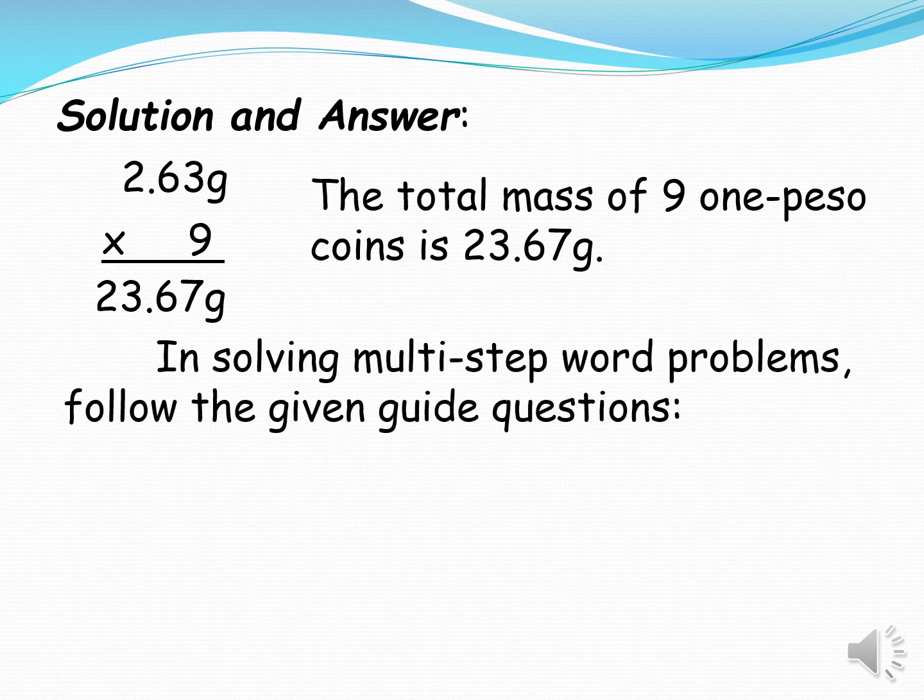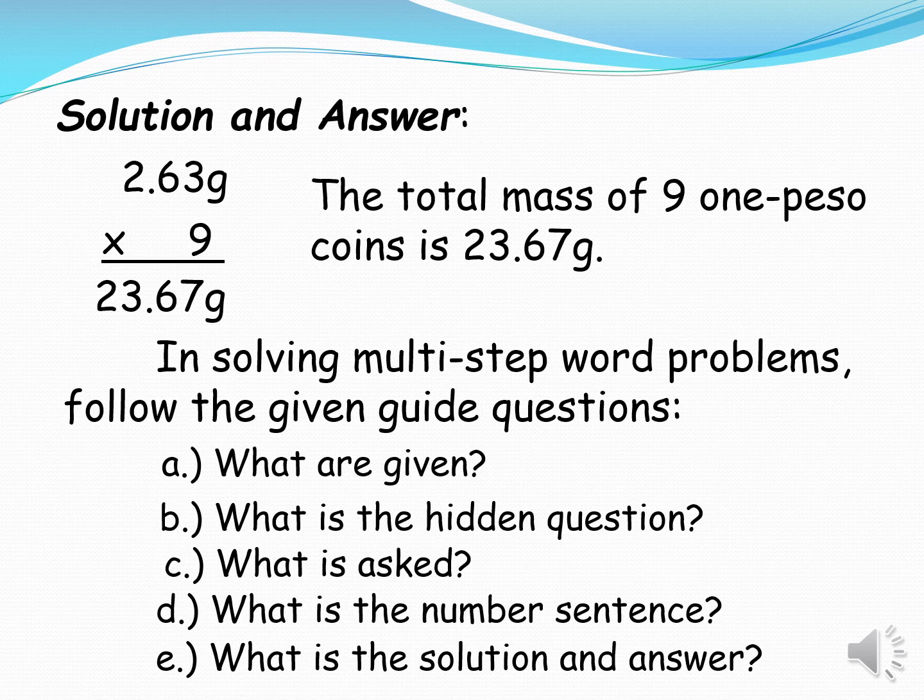In solving multi-step word problems, follow the given guide questions. First, what are given? Second, what is the hidden question? Third, what is asked? Fourth, what is the number sentence? And the last one, what is the solution and answer?